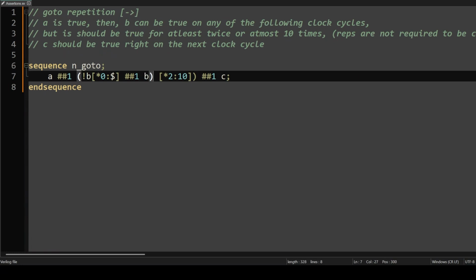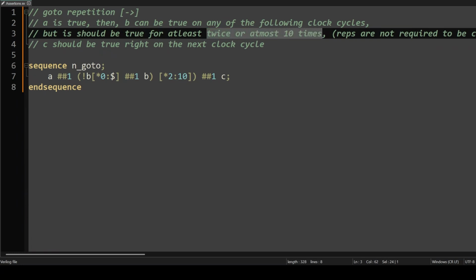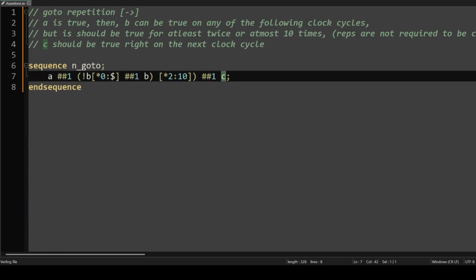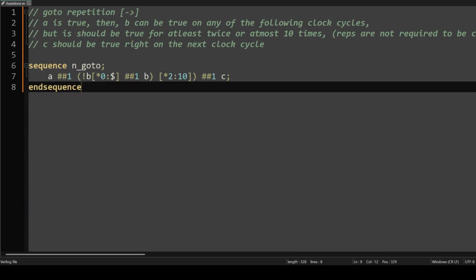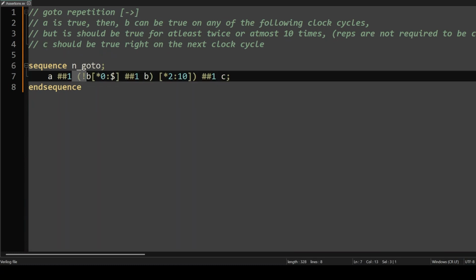And this total pattern is required to be repeated at least twice or a maximum of 10 times, which is written right here in our condition. And then right on the next clock cycle, C is required to be true. So this satisfies the condition.